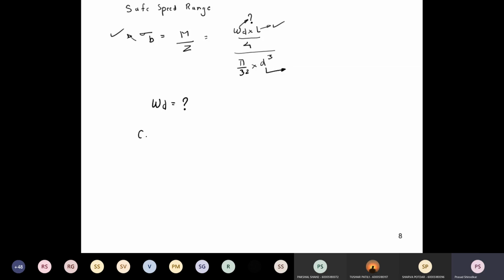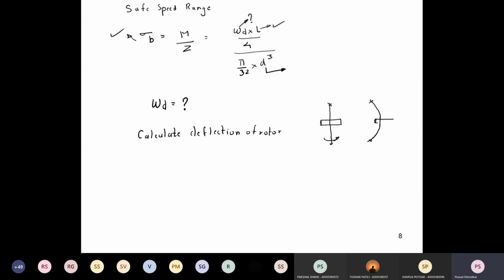Now the next step is to calculate the deflection of the rotor. So initially the rotor is like this, and when it starts to rotate, then the shaft is going to deflect, right?